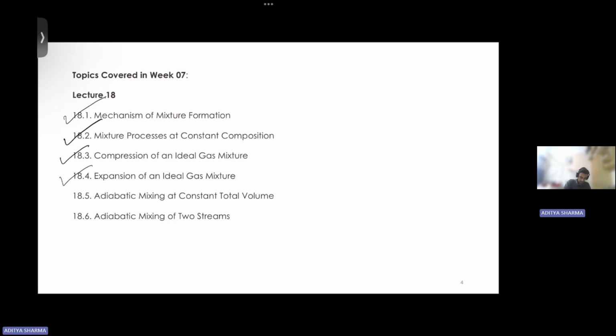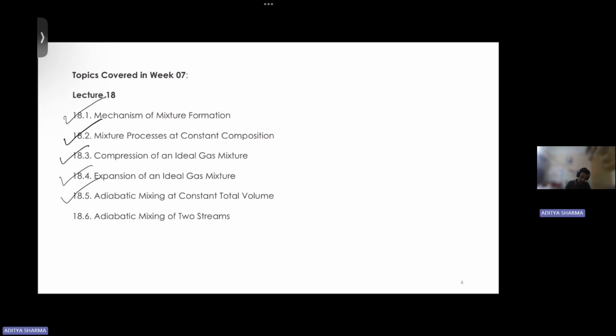Then the next topic is on mixing. So for the mixing condition, that has been kept first of all adiabatic. Then there are two cases that have been discussed.